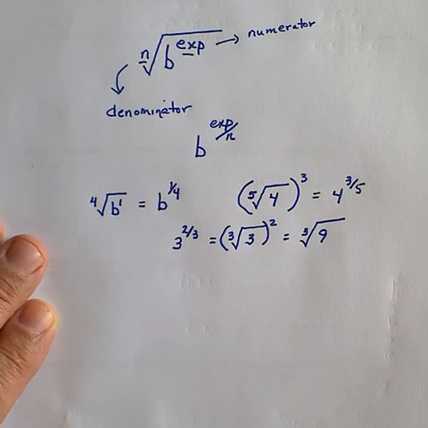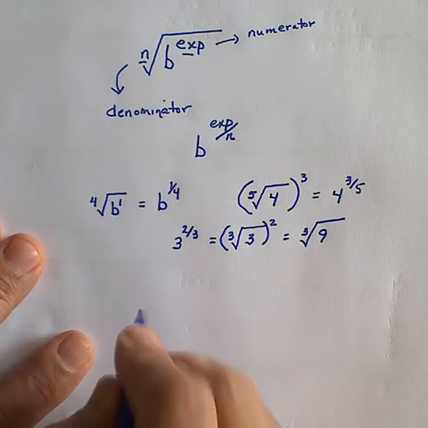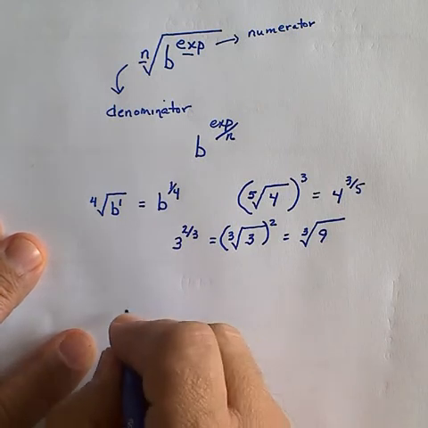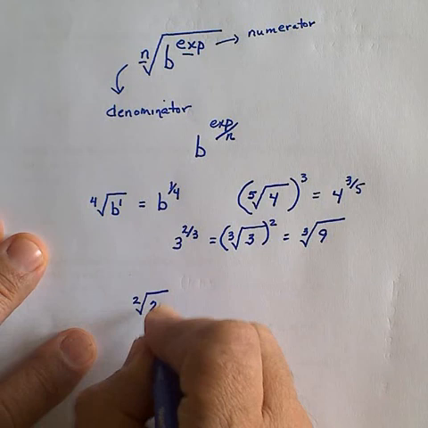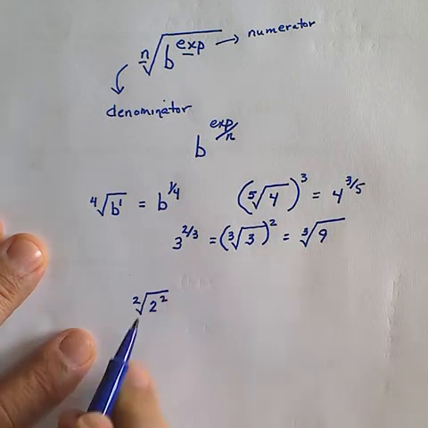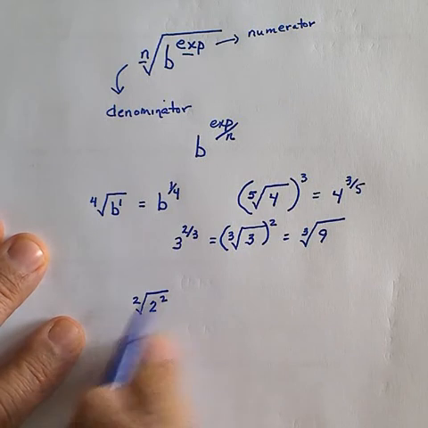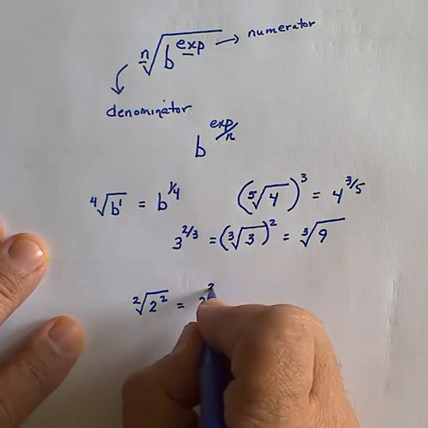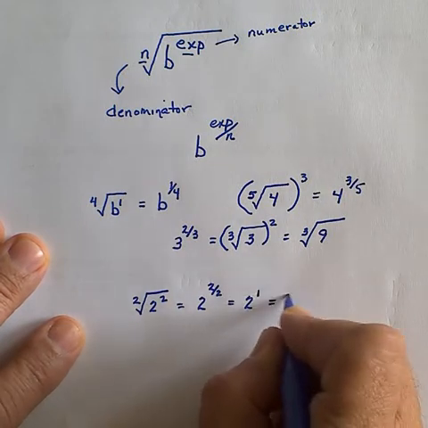Now, here's the other thing. When we start to do some simplifying on the back side of this worksheet, we need to keep in mind one simple thing, especially when it says simplify without a calculator. If I have the square root of 2 squared, understand that when the index and the exponent are the same, if you put that in rational exponent form, that's 2 over 2, which is 2 to the first, which is just 2.